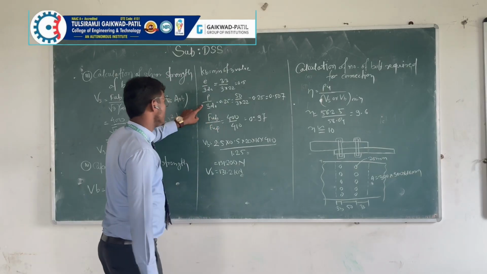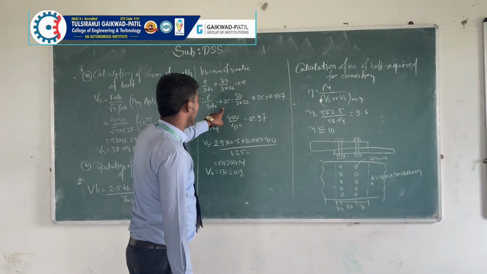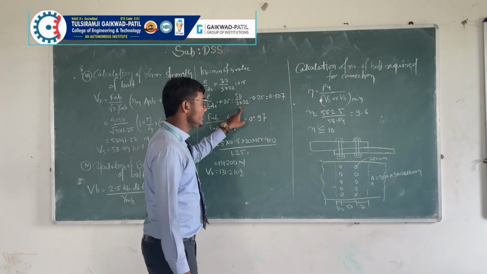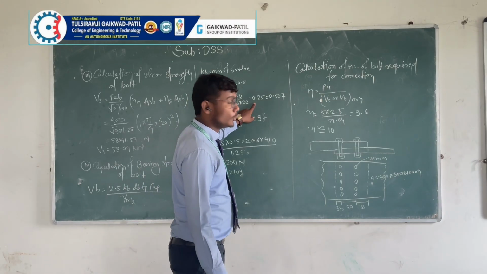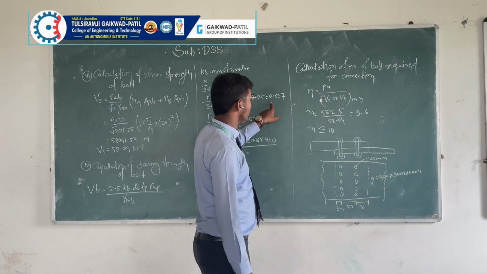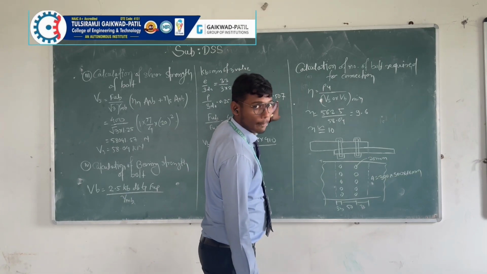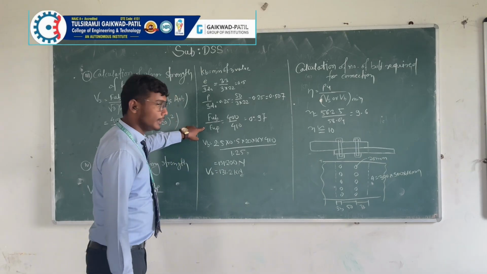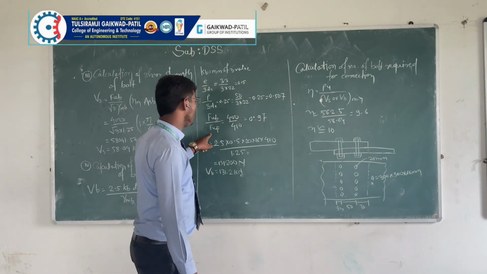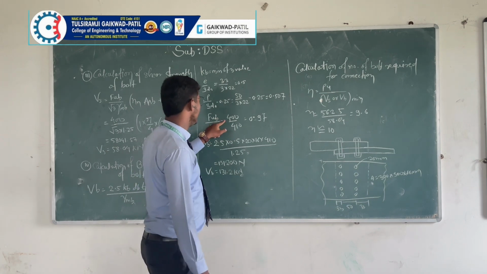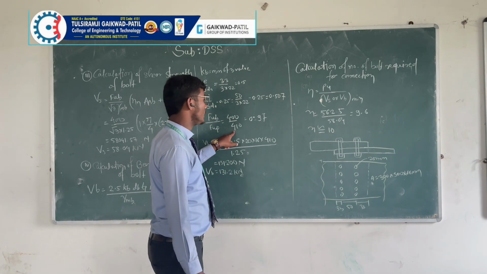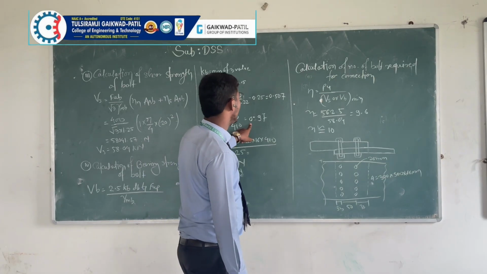Second, p divided by 3 d0 minus 0.25 is equal to 50 divided by 3 into 22, minus 0.25, and this answer is 0.507. Then the third value is Fub divided by Fup, where Fub is 400 and Fup is 410, which is equal to 0.97.